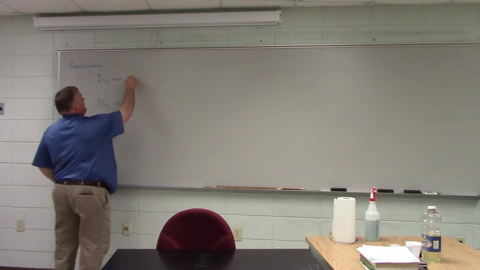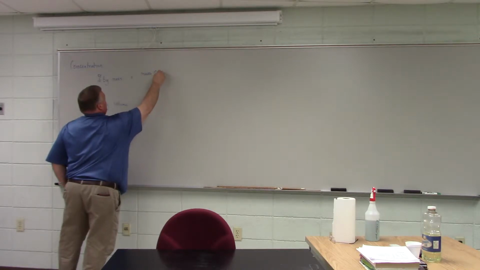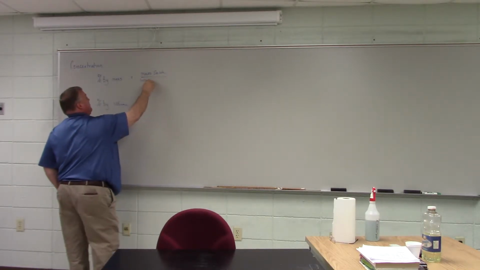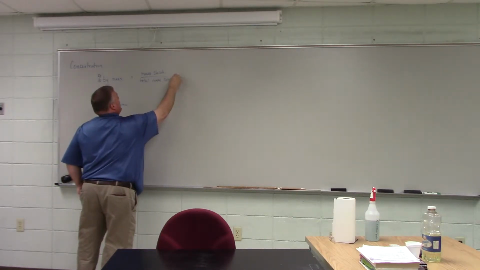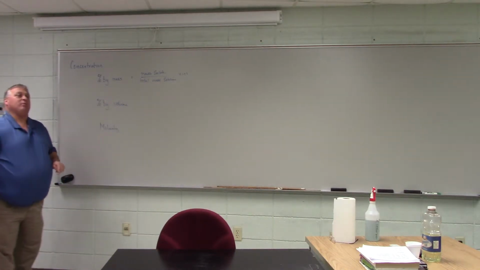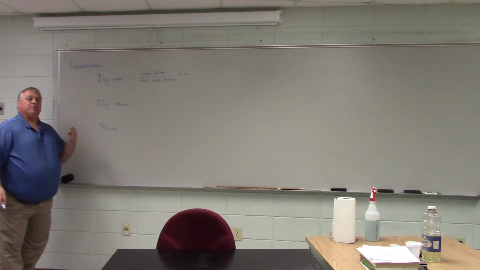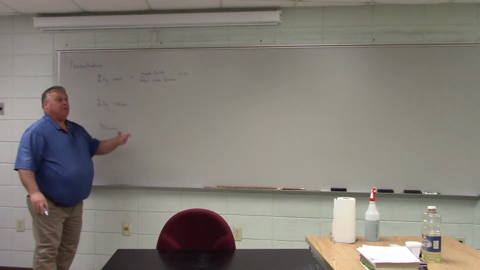Percent by mass is defined as the mass of the solute over the total mass of the solution times 100. It and the percent by volume are just percentages, and we remember that percentages are simply the part over the whole times 100.